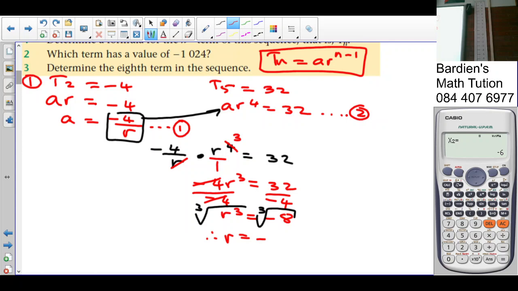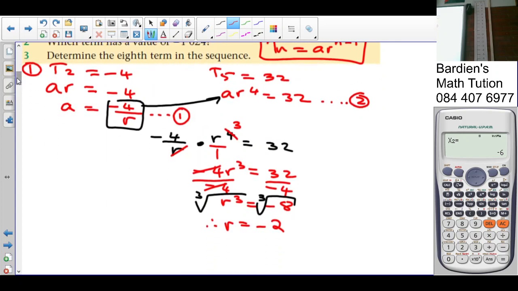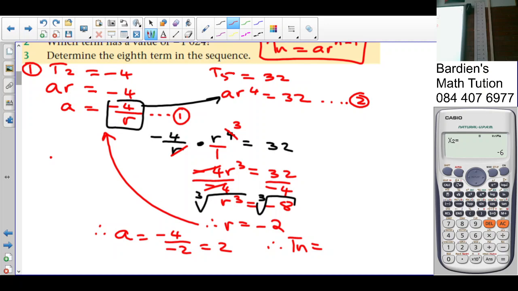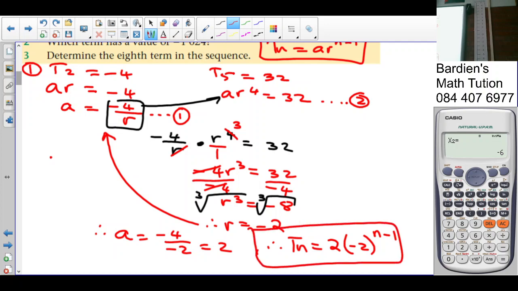Let's look at example 2 on page 9. So here we are given x minus 6, 2x minus 6, 5x plus 3 are the first 3 terms of a geometric sequence.